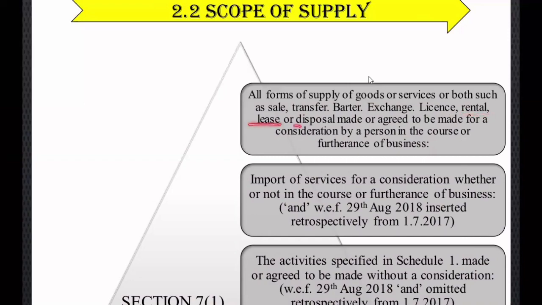You may lease something, or you may dispose of. Dispose means it's not like selling, it's like throwing off. Disposal also, if you do, which is made or agreed to be made for some consideration. What is the important aspect for all this? That consideration should be there and it should be in the course or furtherance of business.